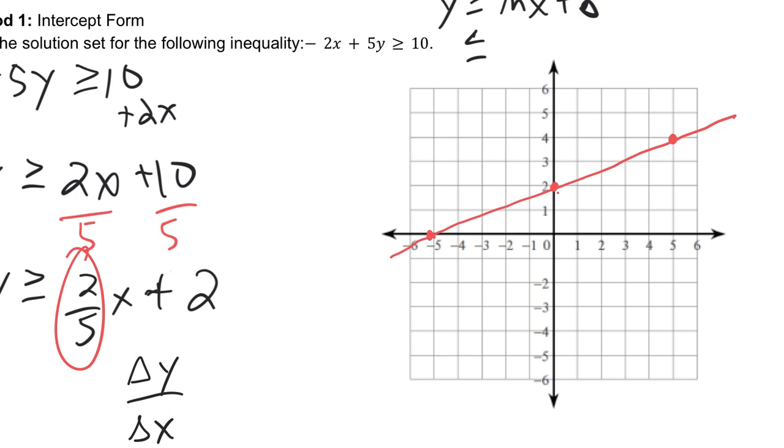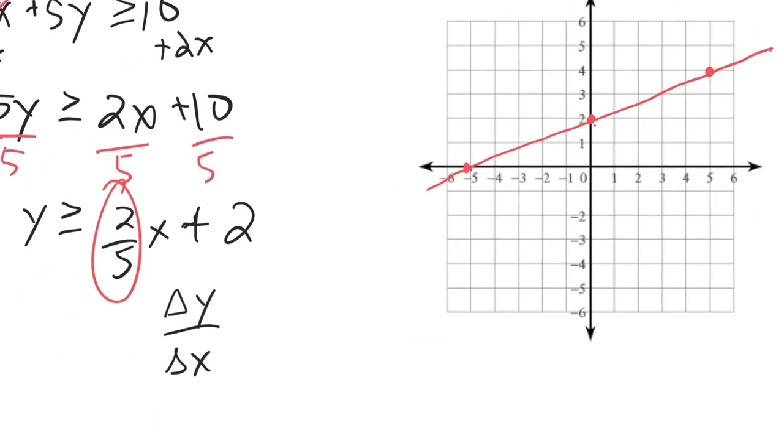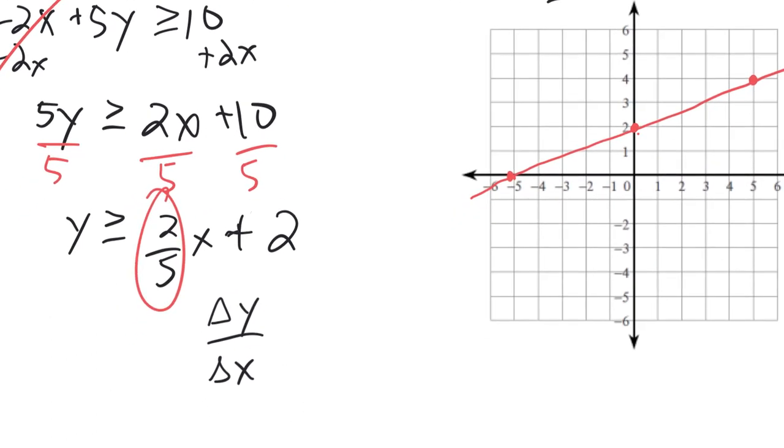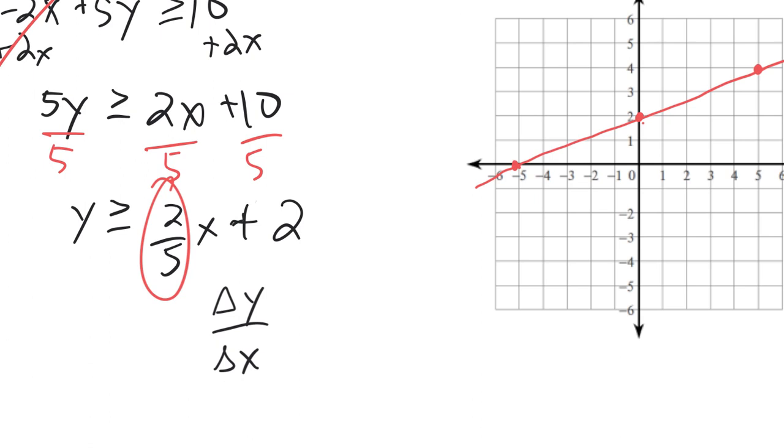All right. So I can clearly see that 0, 0 is in one of the planes, right? If it was right on the line, I probably wouldn't want to use it, but it's clearly well within this plane down here. So I'm going to use 0, 0 because it makes the math quite easy. All right, so I'm going to take my y greater than or equal to 2/5 x plus 2, and I'm going to substitute in 0, 0.